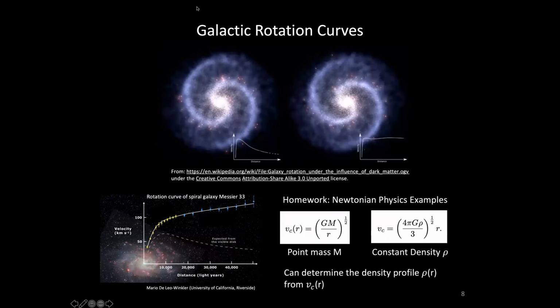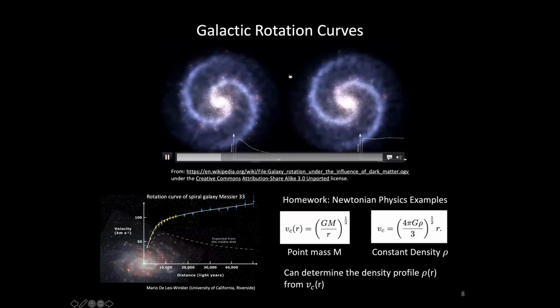Okay, so the rotation curve is something we know very well. This is just an illustration, but you can see that on the outskirts of the galaxy, things are moving much faster. That is because there is a lot of stuff inside that you cannot see, which is not shining.